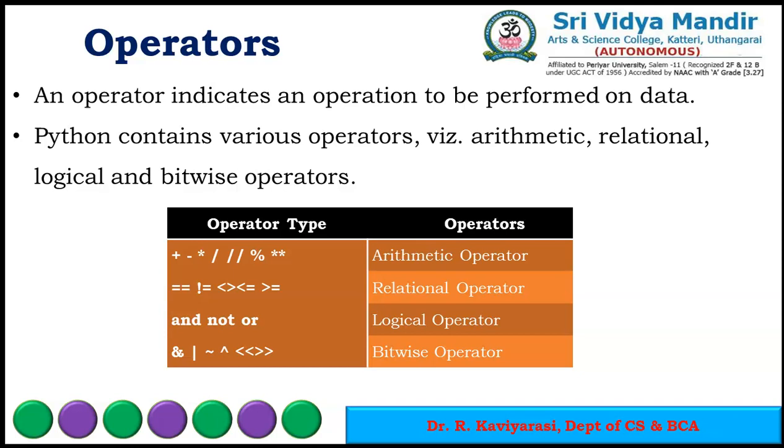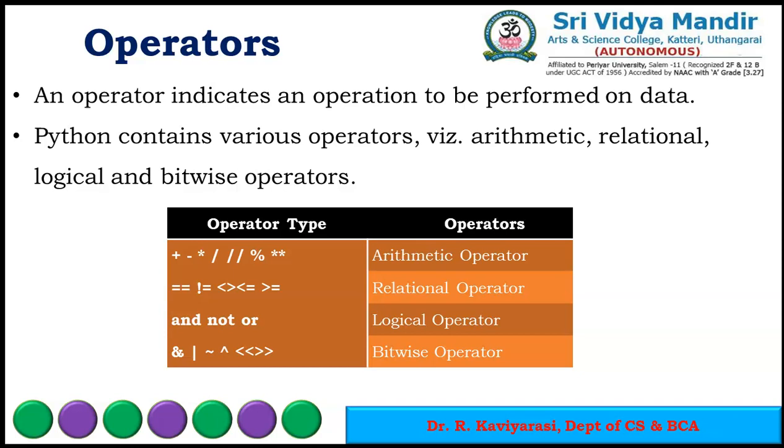The next one is relational operators. Relational operators are used to relate two things. Some of the relational operators are less than, greater than, less than or equal to, greater than or equal to, not equal to, double equal to.